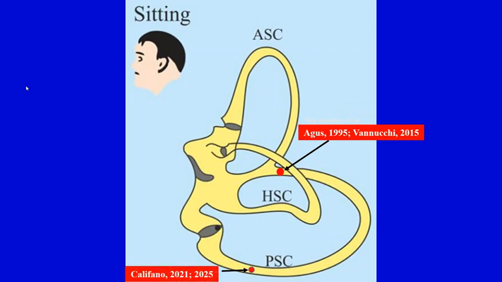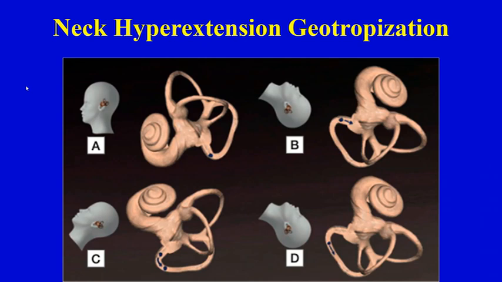This was proposed by Califano in 2021 and 2025, that it could be periampullary, slightly away from the ampulla, which converts into the typical variant by hyperextension and flexion of the neck carried out successively. And this is the 2021 Califano variant, where the nystagmus has the typical character of less than 60 seconds duration and has a reversal nystagmus also.